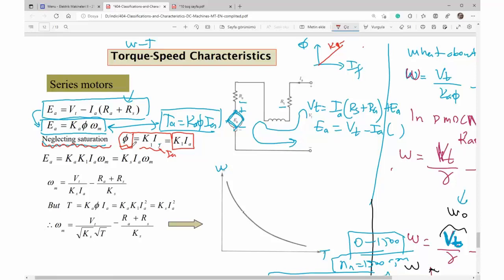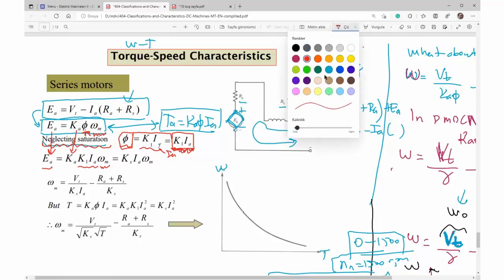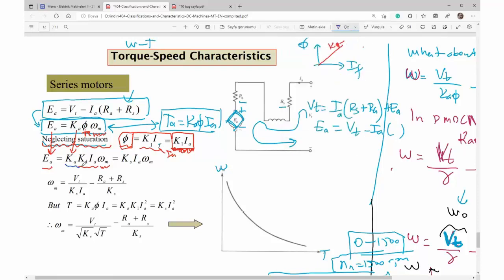Then I can substitute flux here. Induced EMF is Ka times flux. Let's substitute the equivalent one, K1 times Ia, and then here is omega. Here are two coefficients, so let's define a new one: Ks, the series coefficient.